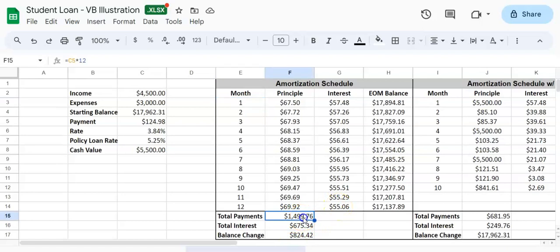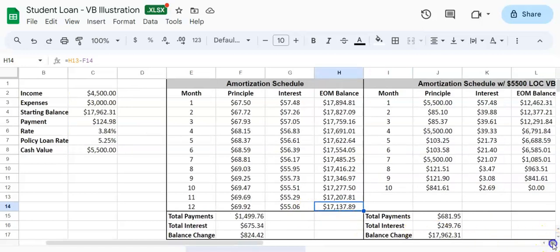Okay, $1,500 worth of monthly payments made, and the balance is only going down by $824. So even after an entire year of payments, you'll see here that there wasn't a big change in that balance whatsoever, and there's a long time left till this loan gets paid off.